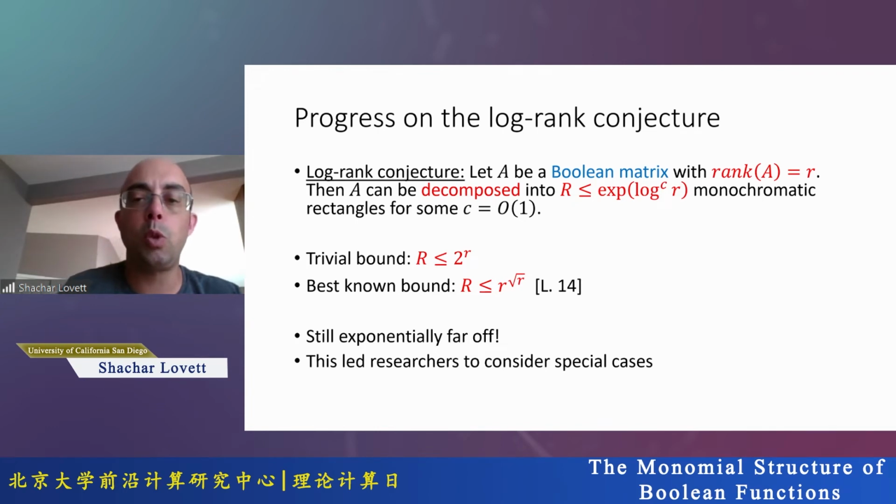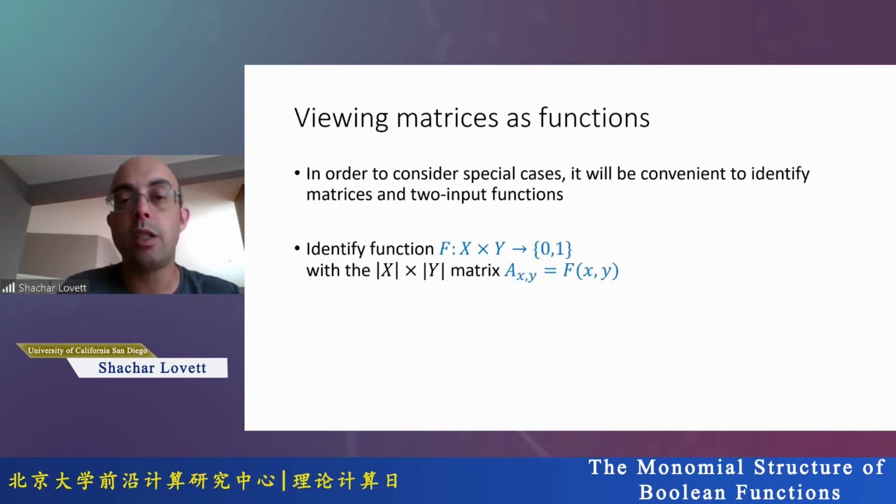People don't know what to do, so they say, well, let's look at some special cases. I'll tell you about one special case that people care about a lot, which is what's called lifted functions. But before doing that, it's convenient to view our matrices not as matrices but as two-party functions, which is the usual way we view problems in communication complexity.